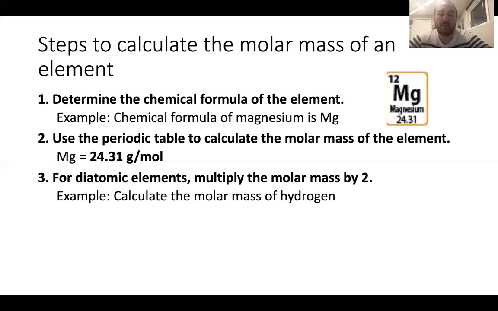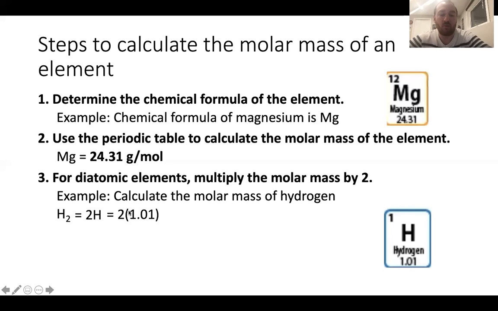So if we're to calculate the molar mass of hydrogen, which is a diatomic element, we look at the molar mass, which is 1.01. And so we have H2 here as our chemical formula. So we're saying we have 2 hydrogens. So H2 equals 2 hydrogen, which equals 2 times our molar mass of 1.01. And that's going to give us a total of 2.02 grams per mole.